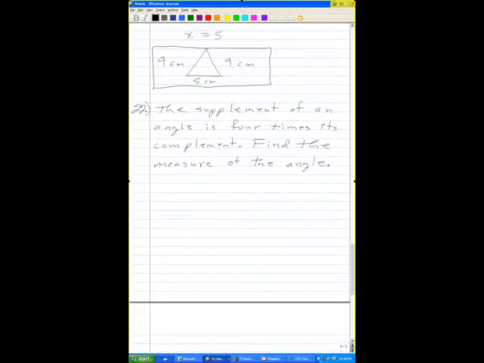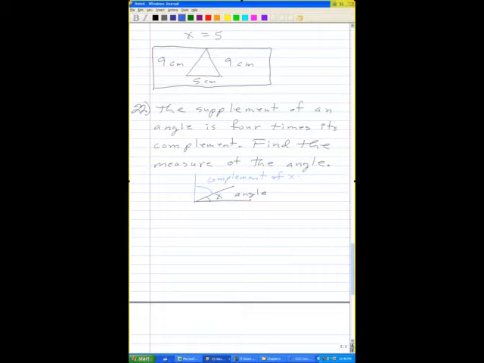So notice if I have some angle, then the complement of an angle is just that angle, which makes the sum of the complement and the original angle 90.